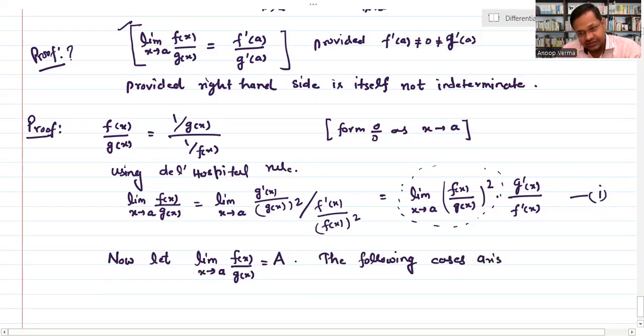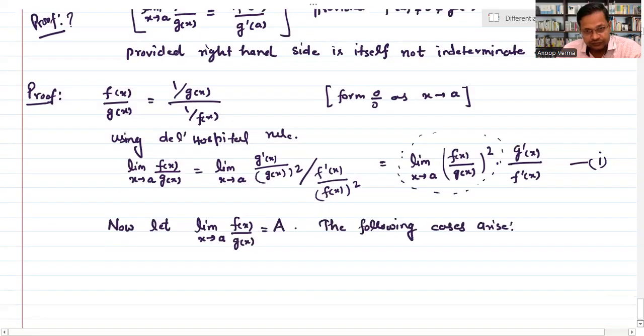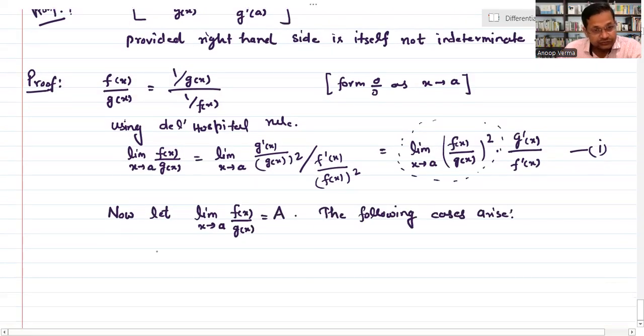What are the cases? So case first. If I'm just taking a as a non-zero number and it's a finite number. Okay, so when a is a non-zero number, we don't know what a is. If we knew a, because you know that is your infinity upon infinity form.